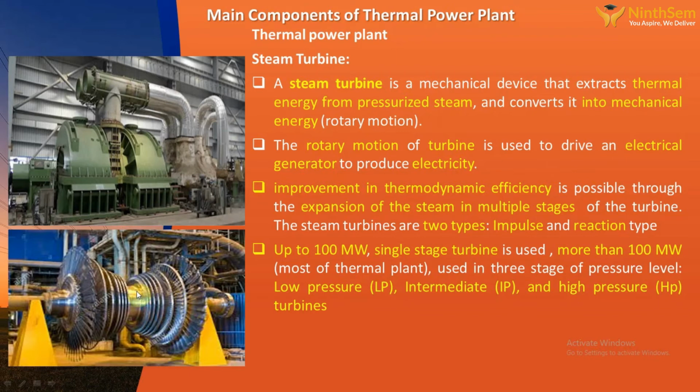Generally, the turbines are classified into impulse turbine and reaction turbine. Up to 100 megawatt, only a single stage turbine is used, only one pressure type. When we go for more than 100 megawatt power stations, there are three stages of pressure level involved: low pressure, intermediate pressure, and high pressure turbines.